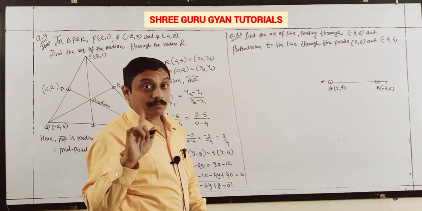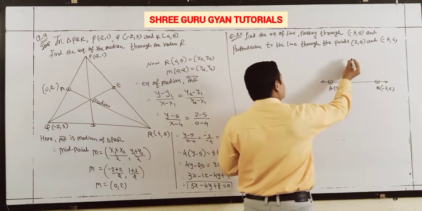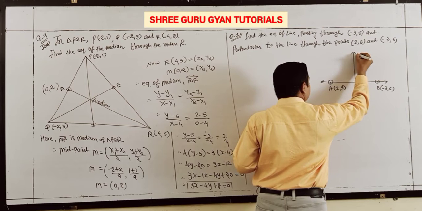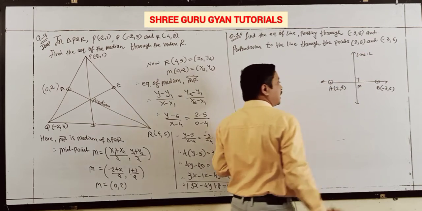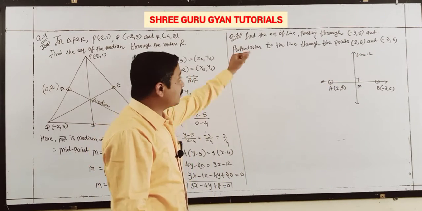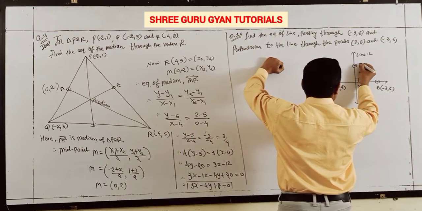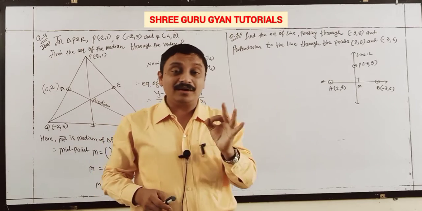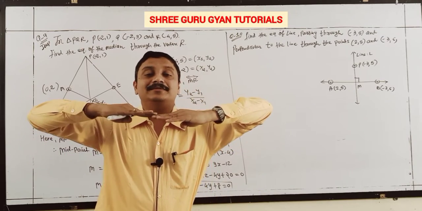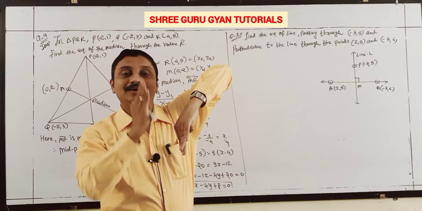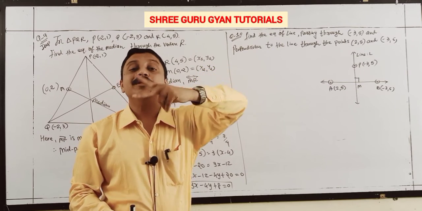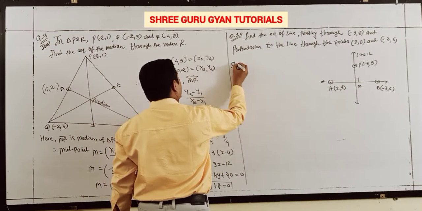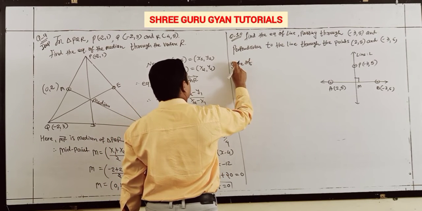I want a line L perpendicular to AB, passing through the given point (-3, 5). So students, first of all I derive the slope of line AB, and then derive the slope of line L passing through the given point, and you get the answer. So first of all I start with the slope of what? Line AB.